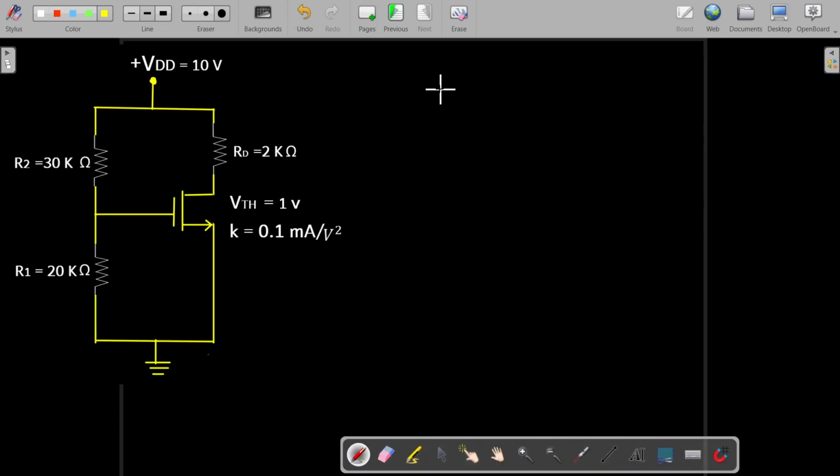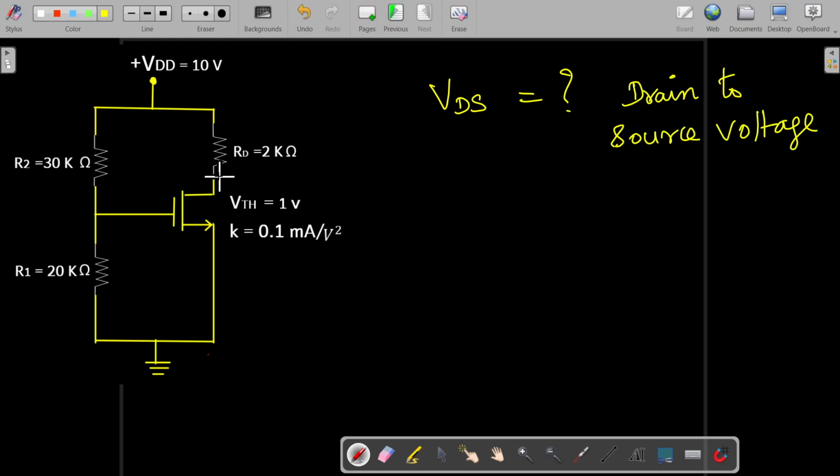Now we need to find out VDS. So how to find VDS? VDS is the drain to source voltage. This one is the drain, this is your source, and in between exists the voltage, which is our VDS. To calculate the operating point, VDS is also required.